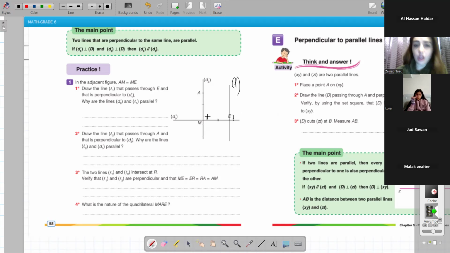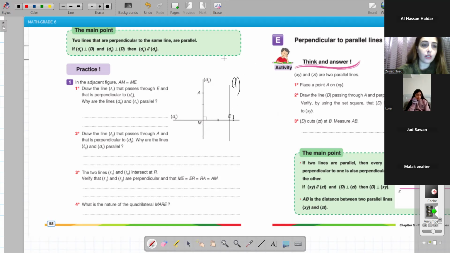They wrote this for us because they put here 90 degrees at M. And we drew L1 perpendicular to D1. So D2 and L1, since they are perpendicular to the same third line D1, then we can consider them parallel. Excellent.